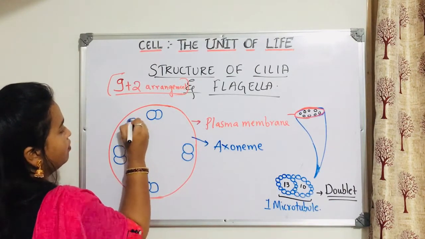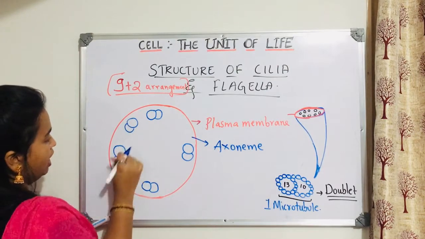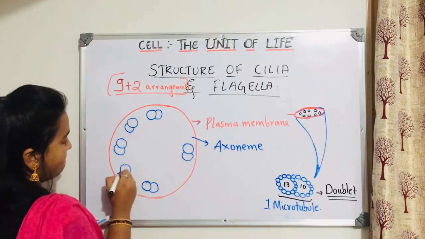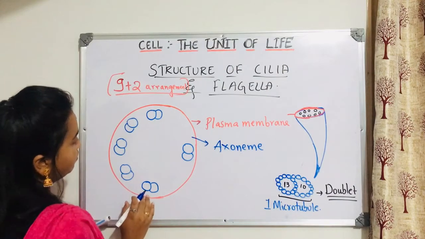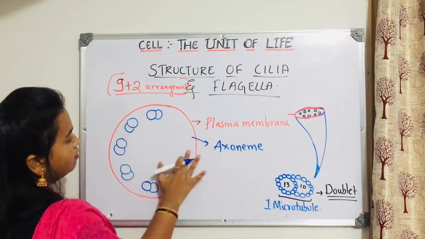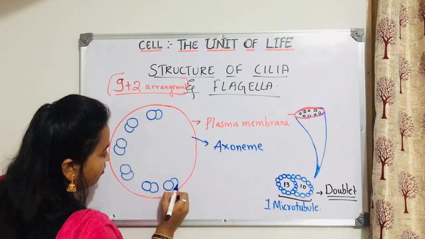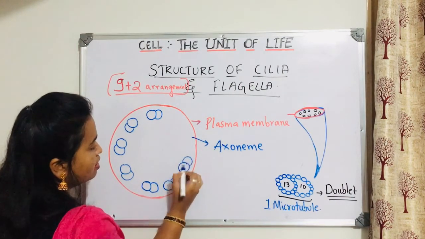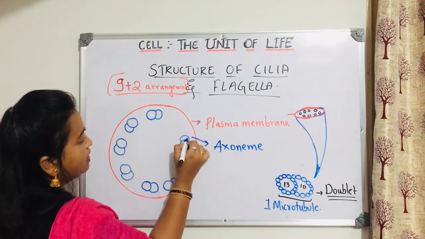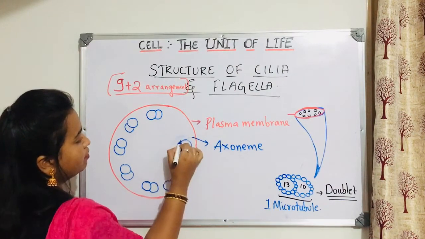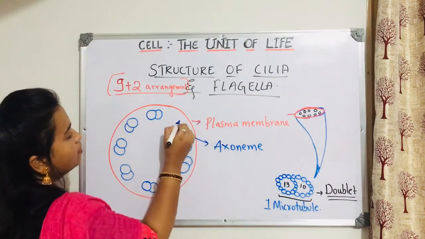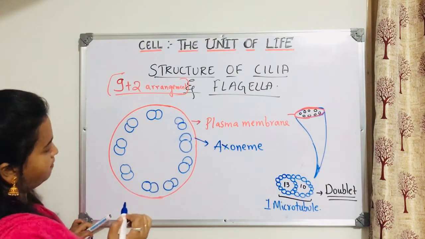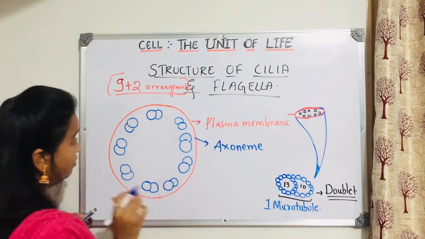So what we will do? 1, 2, 3, 4, 5, 6, 7, 8, 9, and then like this. Not that good a diagram, but please try to understand.